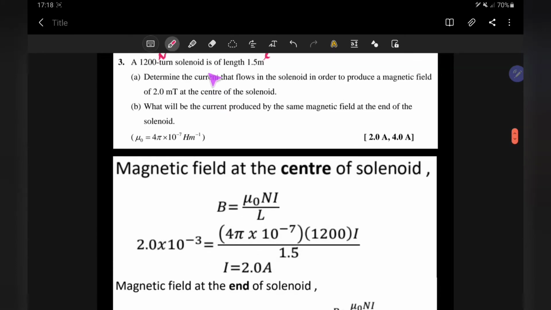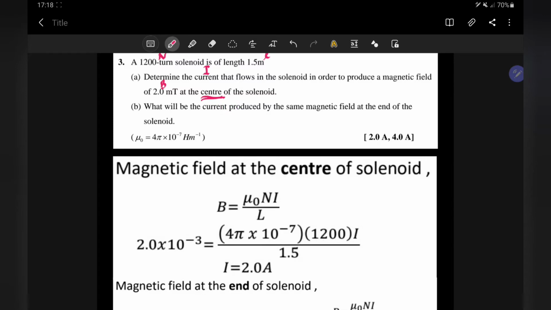They ask you to find the current I that flows in the solenoid in order to produce a magnetic field of, this is the magnetic field strength B, at the center of the solenoid. So by giving you the strength of the magnetic field, the number of turns, and the length of the solenoid, they ask you to find the current. This is at the center.